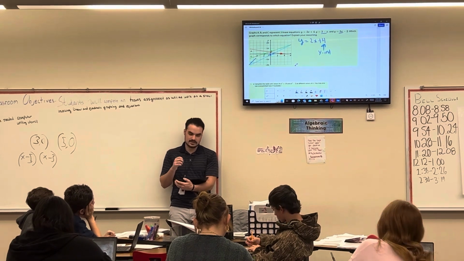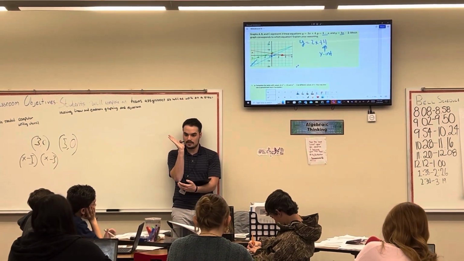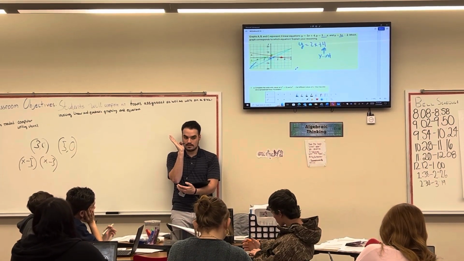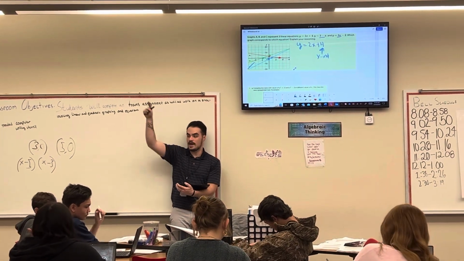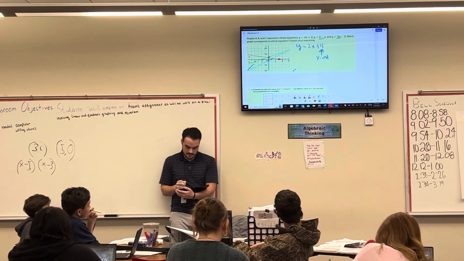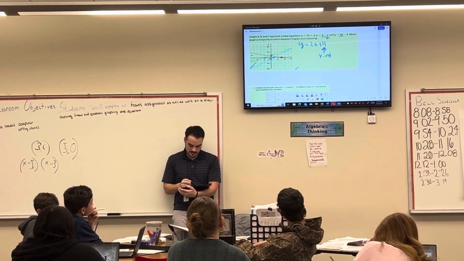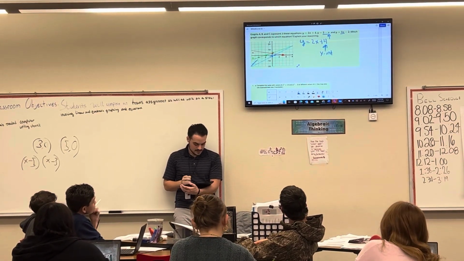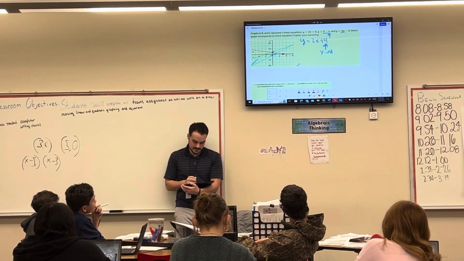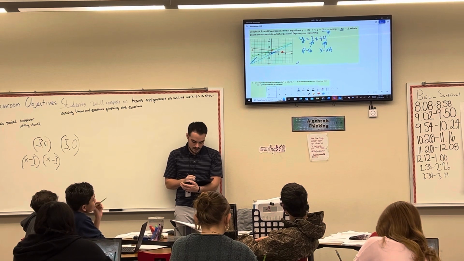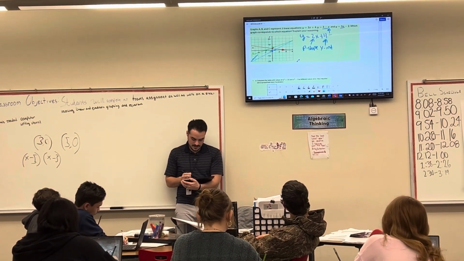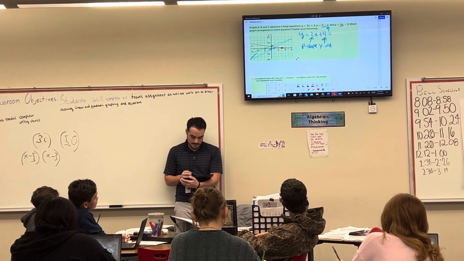So if it has a negative slope, does it go this way or that way? What you got? Yep. So if it's a positive slope, it's going that way. And we know from here that this is a negative slope, so it can't possibly be that. So we only have B as an option since this is a positive slope. So we're going to say this equals line B.